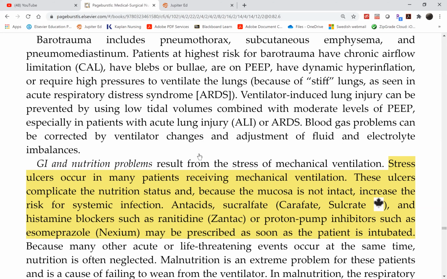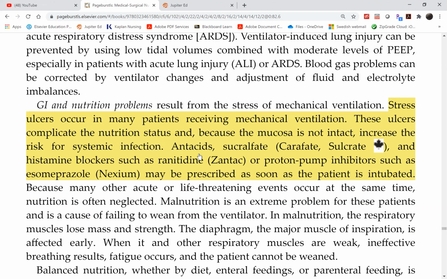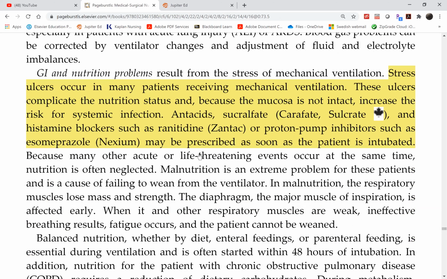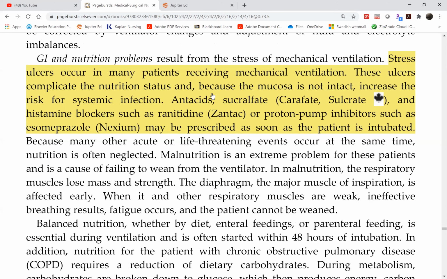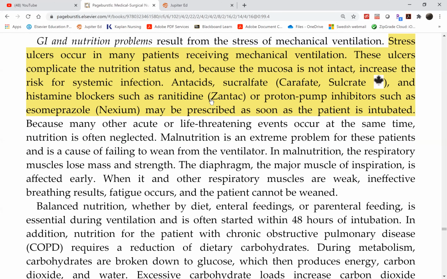The difference is the way they work and also the duration. The H2 receptor blockers only have a 12-hour effectivity, whereas your PPIs have a 24-hour action. I honestly don't know why we still keep H2 receptor blockers when PPIs already do the same job.